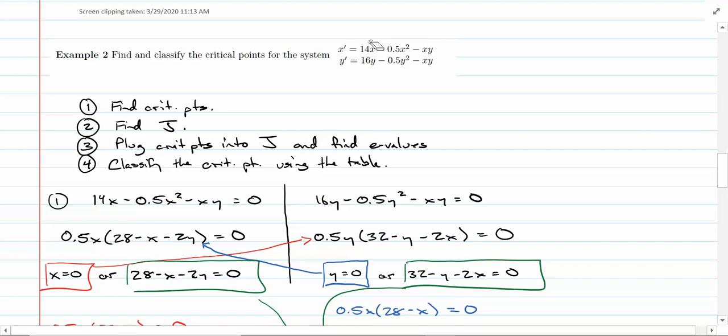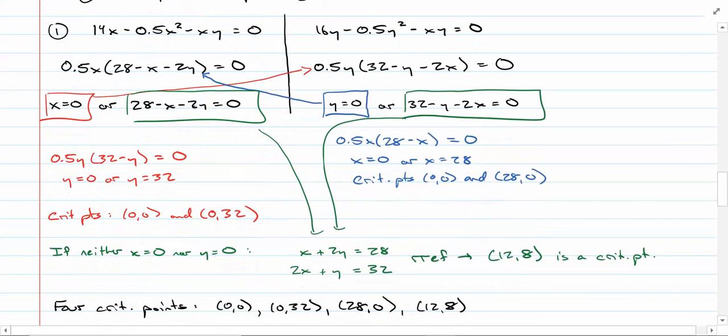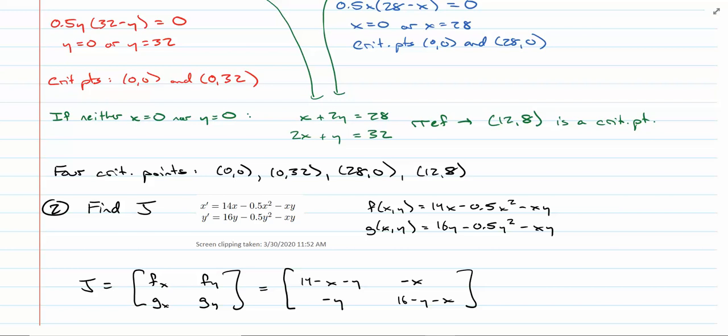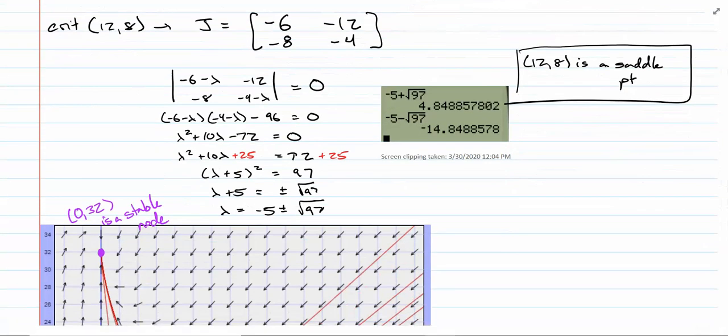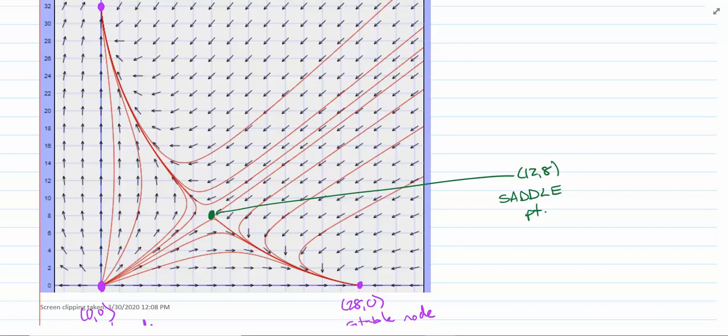It just put some numbers into that competition model. So we've already found all the critical points. We found 4 critical points. We even looked at what the graphs of the different trajectories look like.